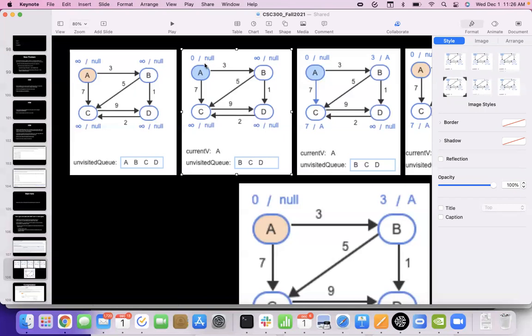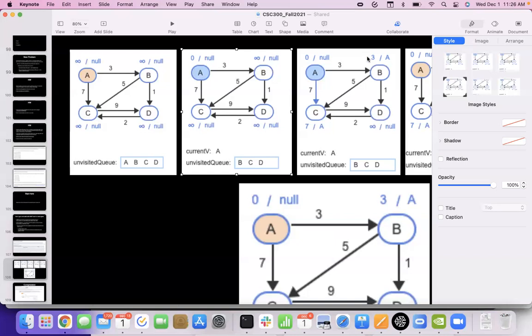So 0 to 0 plus 3 is 3. So we can say that's 3 miles. Is 3 miles better than infinity? Is that a better distance? Is it a closer distance than infinity? It would be, because infinity is going to make us pretty nervous.